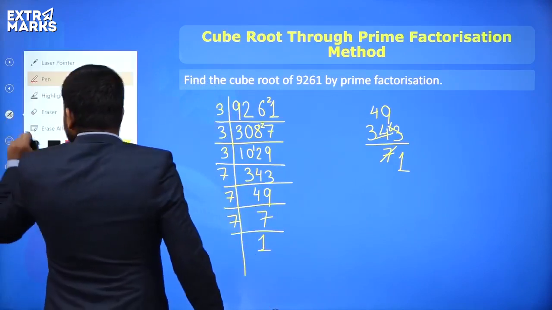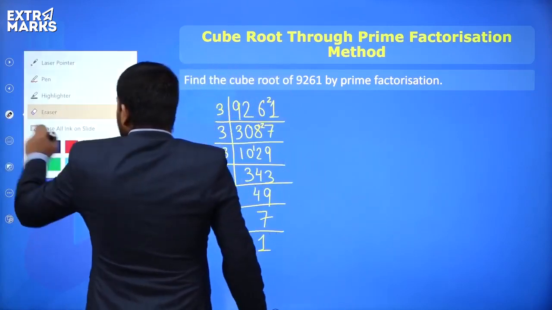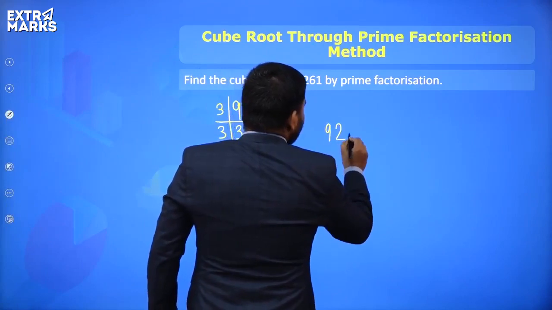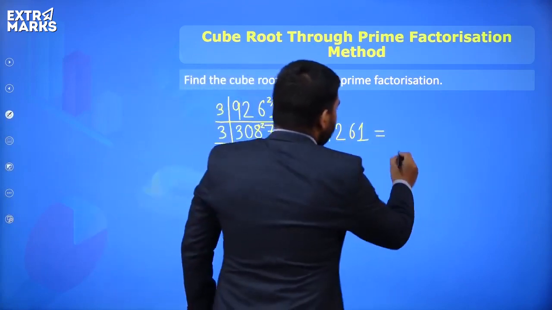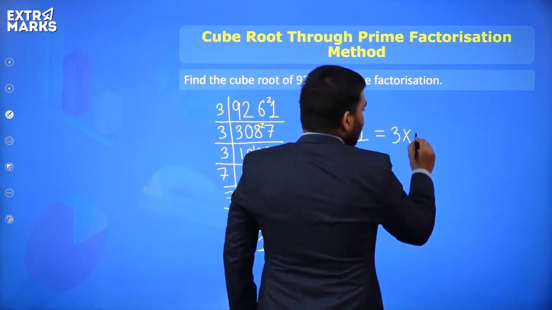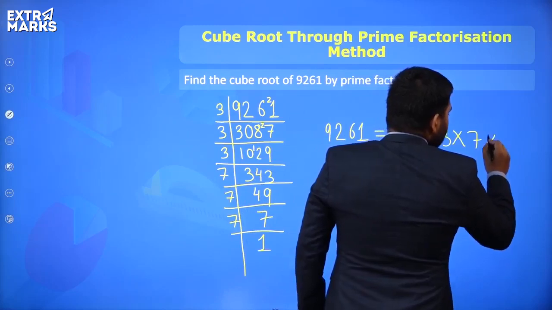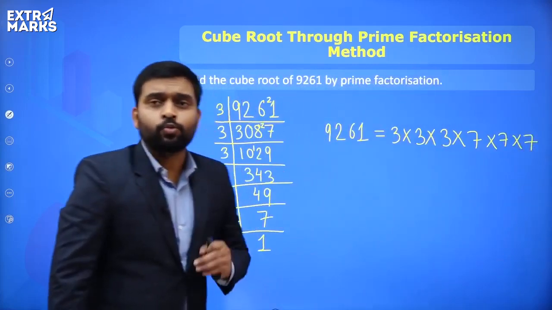So now, let's see this everyone. So everyone, we can say 9261 can be written as how much? 3 times 3 times 3 times 7 times 7 times 7. Now, in the cube roots, what do we do?